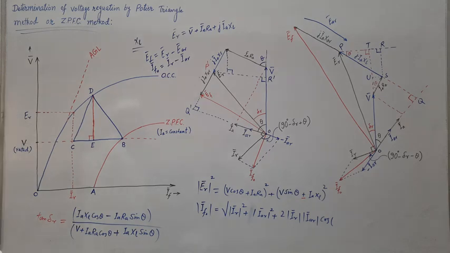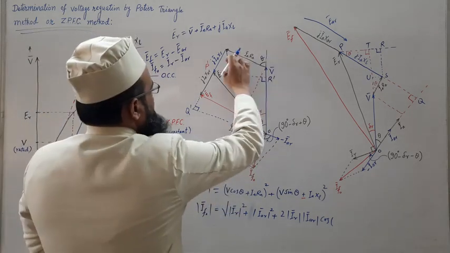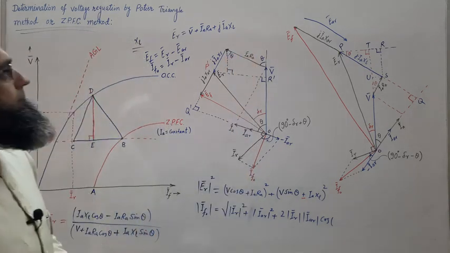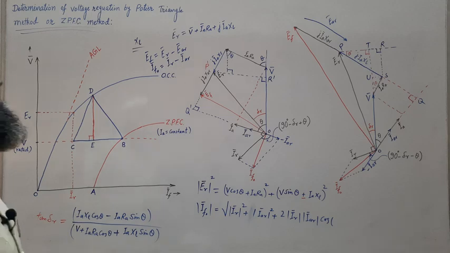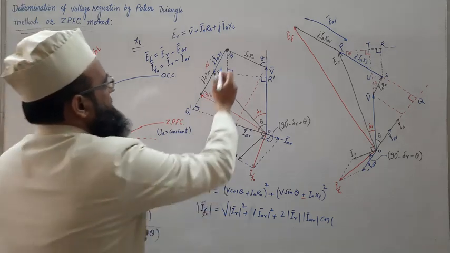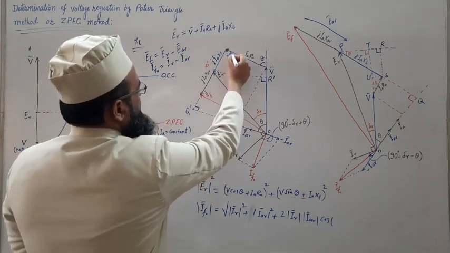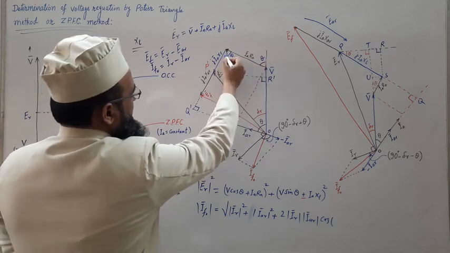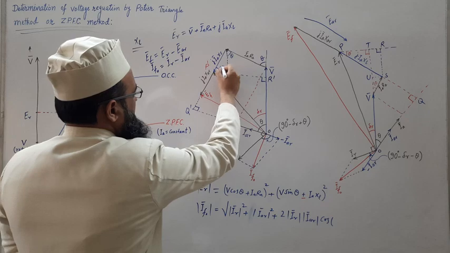So these two lines are parallel. If this is theta, this is theta. This is theta, and this is 90 degree, right? IA RA, J IA RA. So theta, 90 minus theta, so this will be theta again.